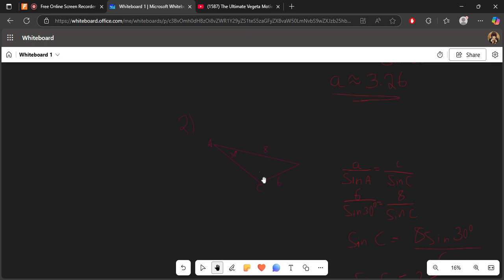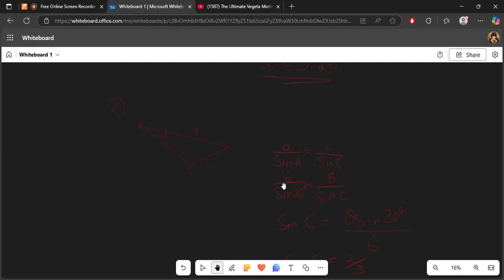So we can find this unknown angle by comparing the ratio of this sine 30 and this 6 to the same ratio applied on C. So A over sine A equals C over sine C.